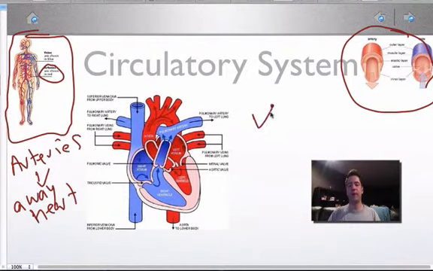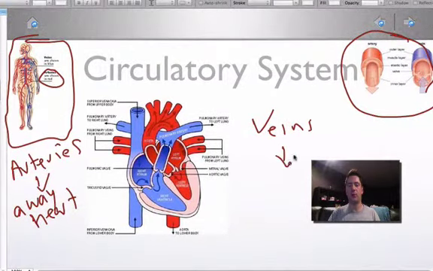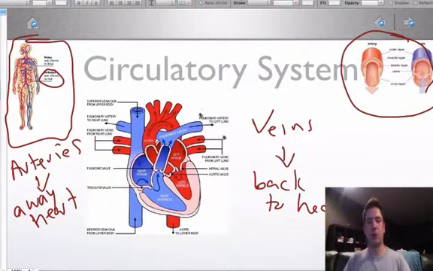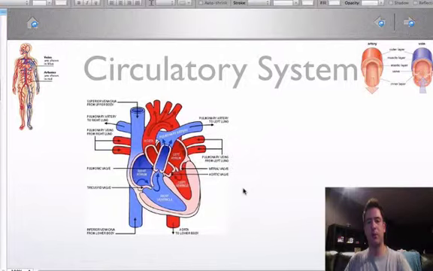And then veins pump back to the heart. Okay. All right. So that's what these blue are, the veins. And remember, your blood isn't blue. Your blood is more red in arteries because it has oxygen, and it's less red in veins because it lacks oxygen.